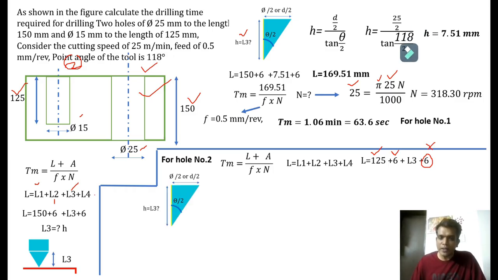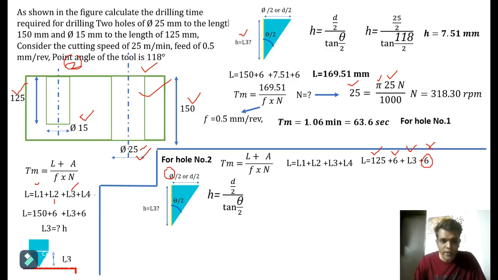Let's calculate L3 now. L3 will change from hole number 1 to hole number 2 because the drill diameter has changed. Here the drill diameter was 25, whereas here it is 15. As the diameter changes, the cone height will change. The point angle is the same as per the given conditions.